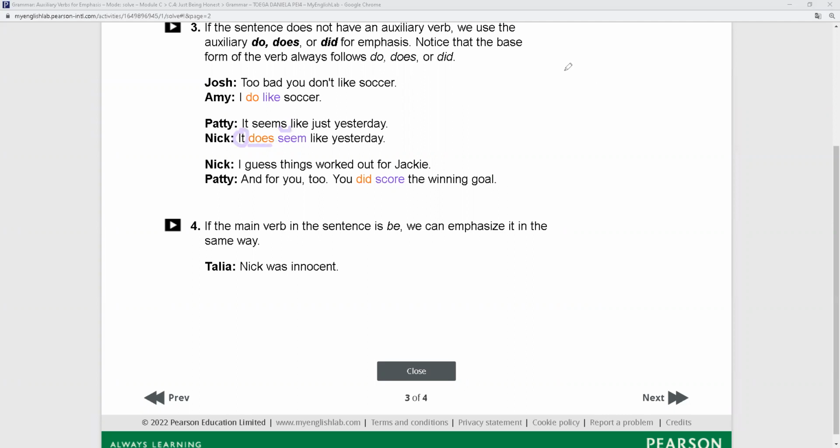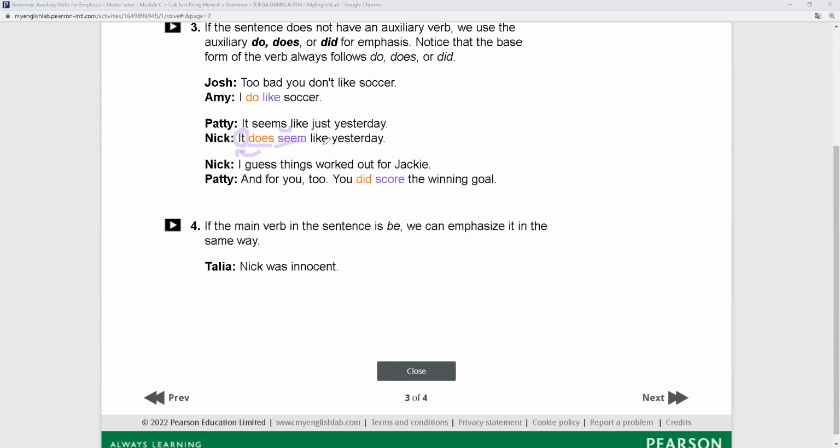Y esto va de mano de la lista del I do, he does, she does, right? You do. Entonces, va de la mano con esto porque ya tengo que saber con qué pronombre va el auxiliar correspondiente. Entonces, acá vuelve a su forma base, ¿ok?